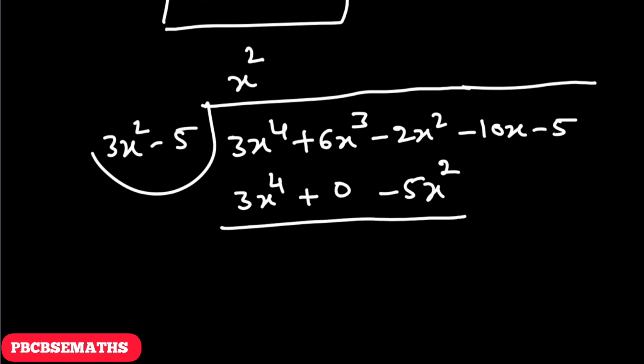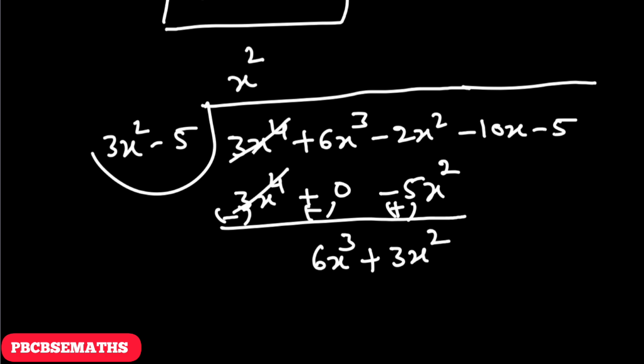As usual, the sign of the second expression interchanges. So plus 3x to the power 4 minus 3x to the power 4 get cancelled. Then plus 6x cube, we write it as it is, minus 2x square plus 5x square gives us plus 3x square. Then let me bring down that minus 10x.